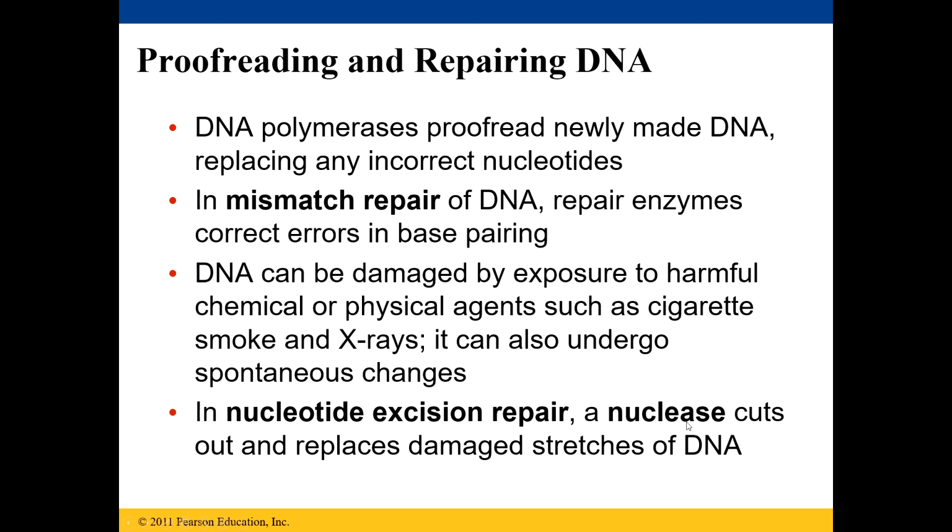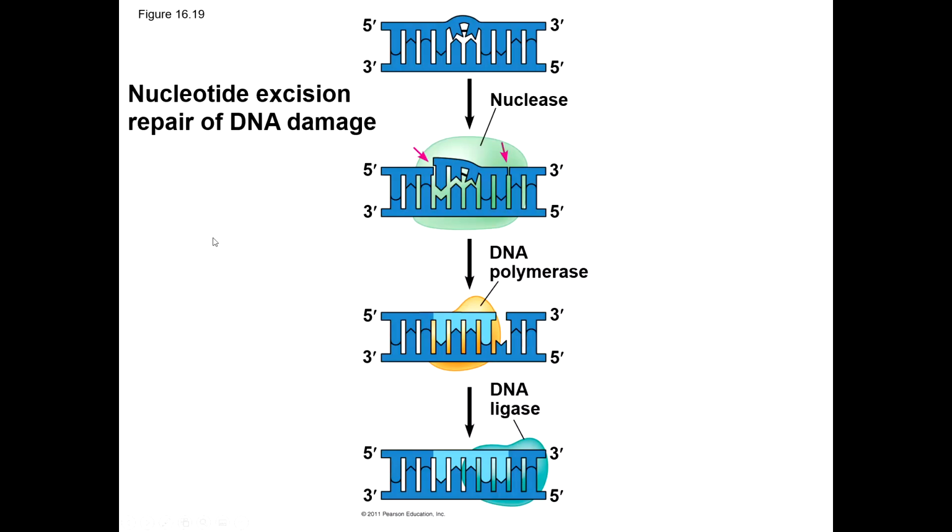Nuclease ends in ASE, right? So it has to be an enzyme, and it cuts out and replaces damaged stretches of DNA. So now we have a new enzyme called nuclease. And so we have really 3 enzymes involved in repairing any of these mismatched pairs. We have the excision repair through the nuclease, which will cut at the points that need to be replaced.